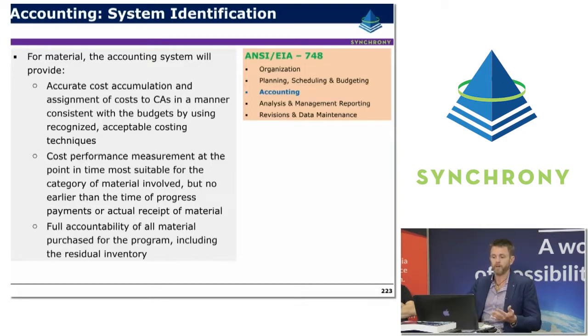And of course, the criteria is that performance measurement can't be claimed prior to the material arriving or the material payments being made. There should be full accountability of all material purchased for the program, including residual inventory. The whole idea is about being accountable for all of the material that's been procured for the project.